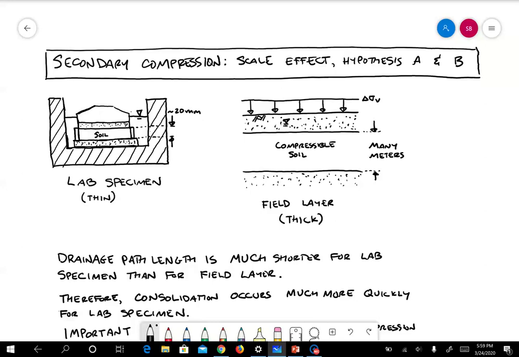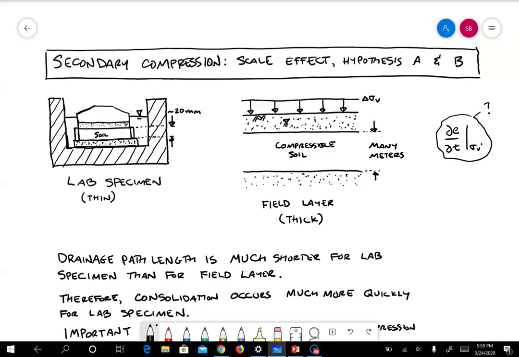So I'm not using the traditional definition of secondary compression. I'm assuming that some secondary compression can happen. So what I really mean is how much dE dt at constant sigma v prime is going to happen during primary consolidation for these two different layer thicknesses and times to consolidation.